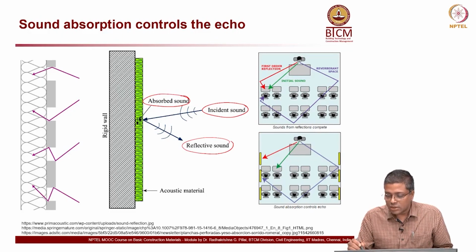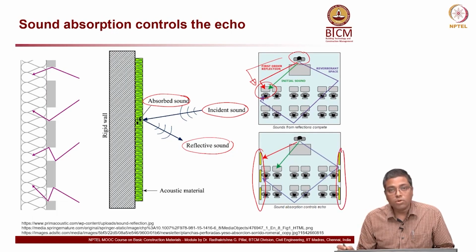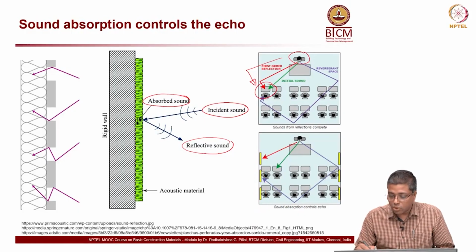So, you can see here, let us say you are in a classroom or something, the teacher is speaking, and in this case, 1 first order reflection you have, and then the person is getting disturbed there. Okay, you might hear a lot of echo. But in the second case, you see these 3 yellow sound absorbing materials or boards on the wall. In that case, there is actually no echoing.